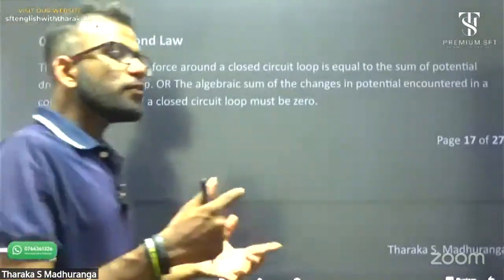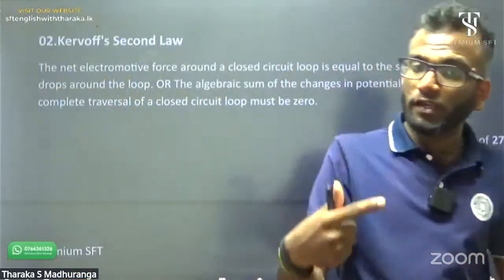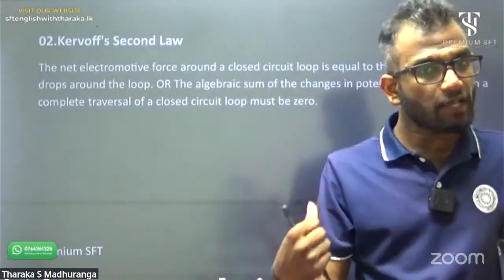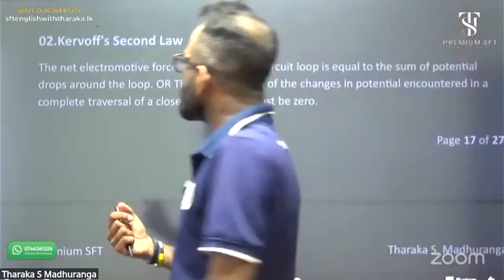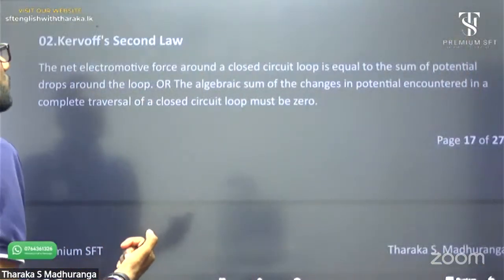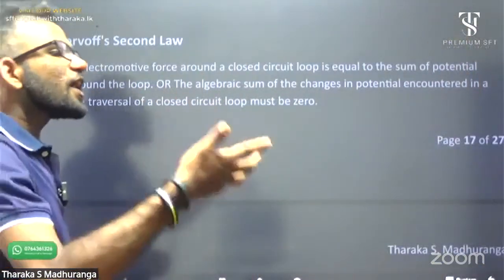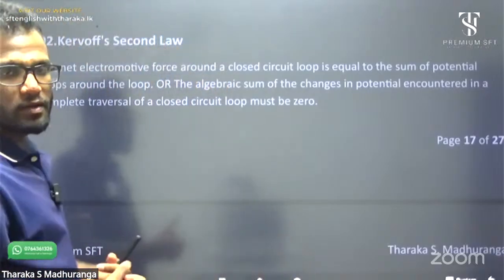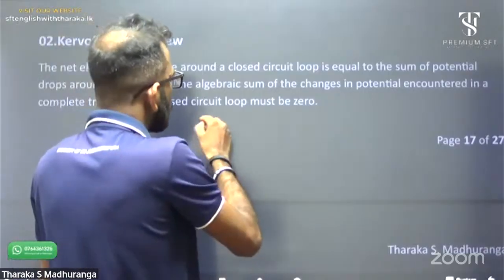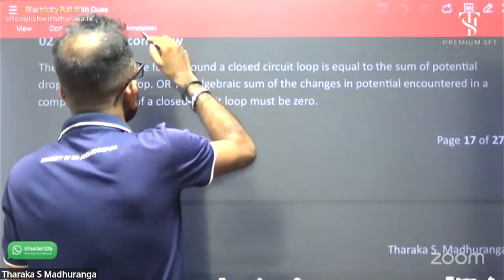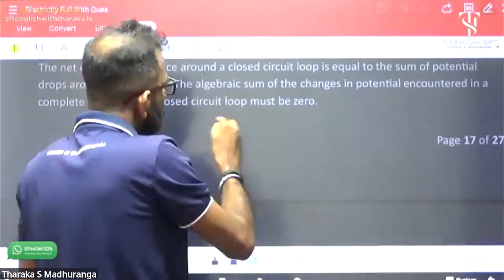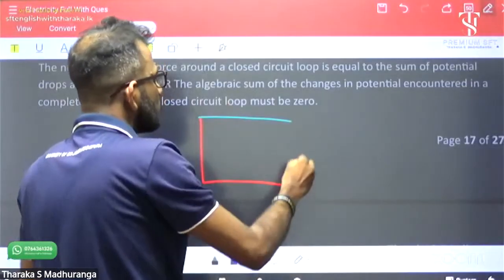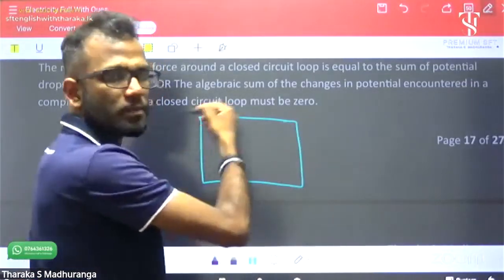Can you remember the meaning of Kirchhoff's second law? Kirchhoff's second law is about the net or resultant electromotive force in a closed circuit loop. I already explained the meaning of a closed circuit loop.